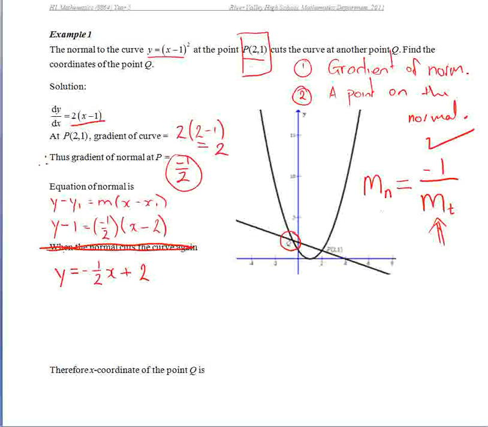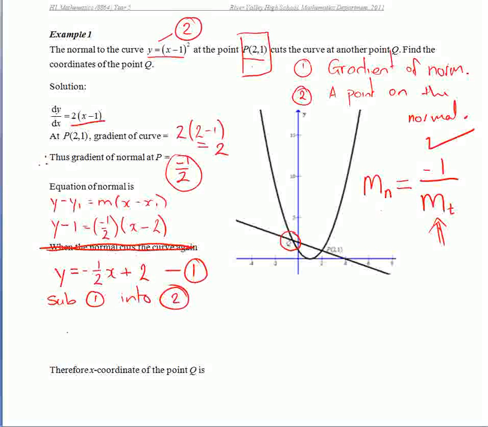So now, when does the normal cut the curve again? Well, what we have to do then is solve the simultaneous equations, where this is our first equation and this is our second equation. So we can sub 1 into 2, and what do we get?